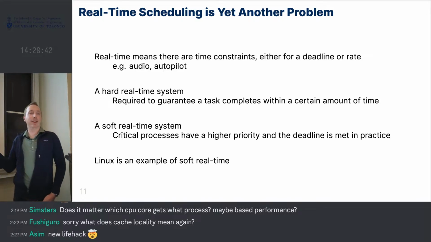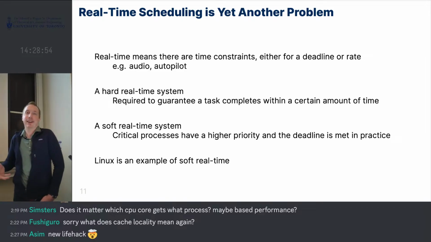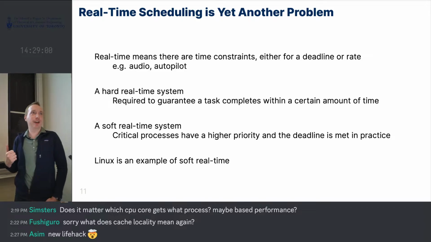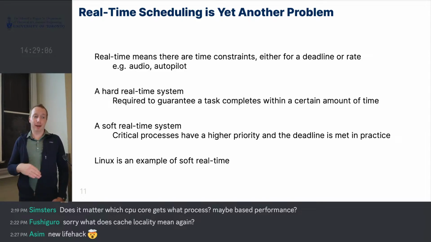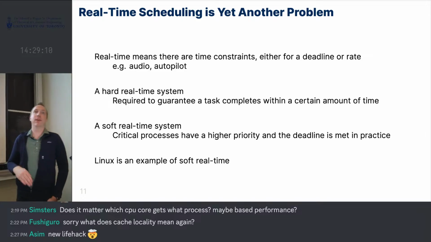Or something like autopilot. That would obviously have some real-time constraints. So I need to not hit a child crossing the road, and I have 2 milliseconds to react or something like that. Past that, if I react in a second, well, that's like an actual dead child, not like our dead child, and that's probably not good. So that would be an example of hard real time. You need a guarantee that a task completes within a certain amount of time.